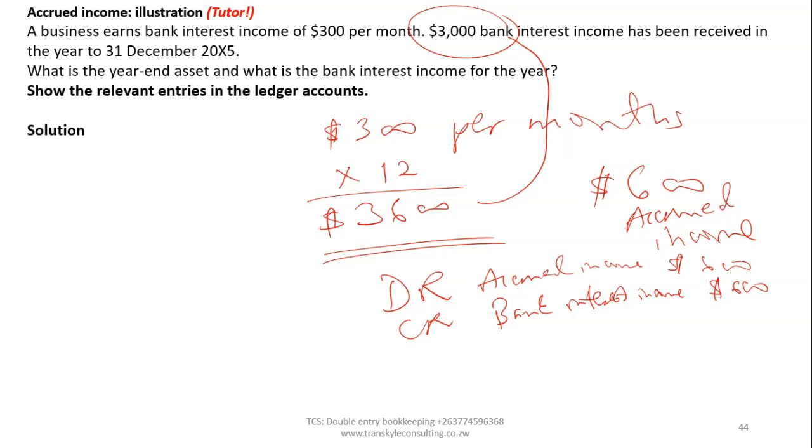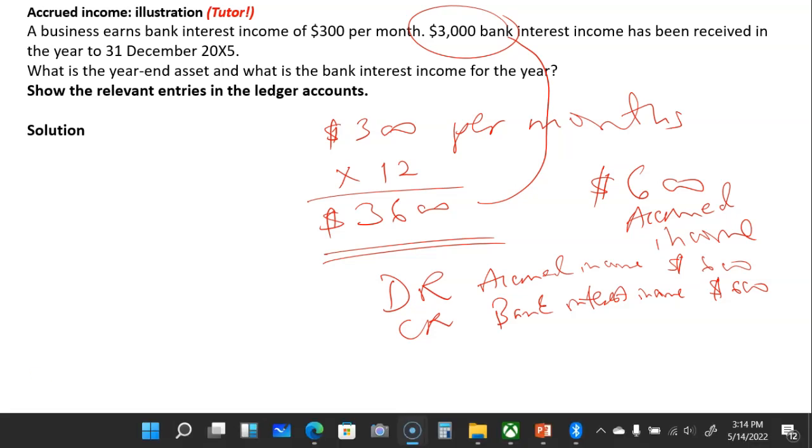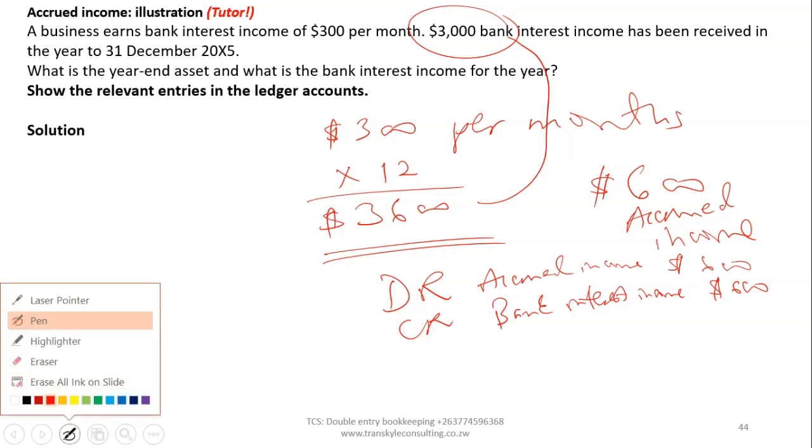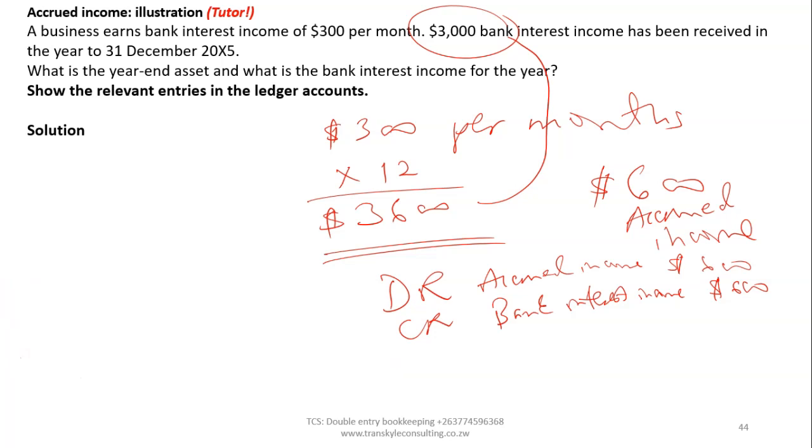Okay, you can present this information easily by coming up with the interest income T account.